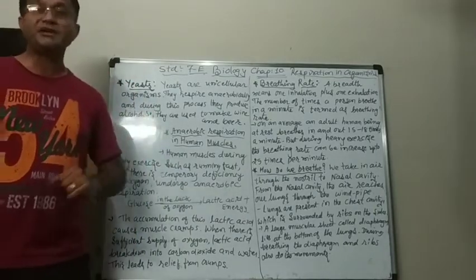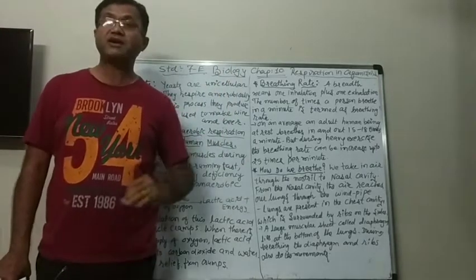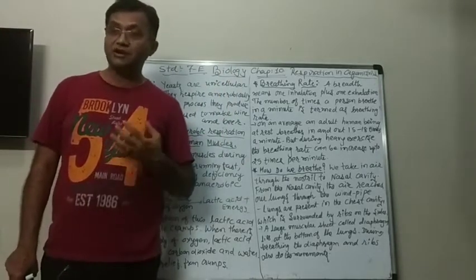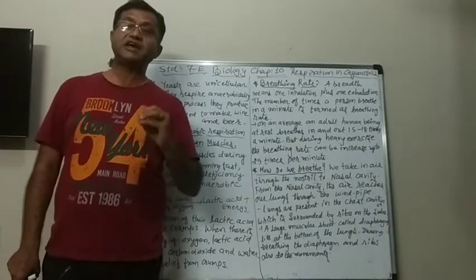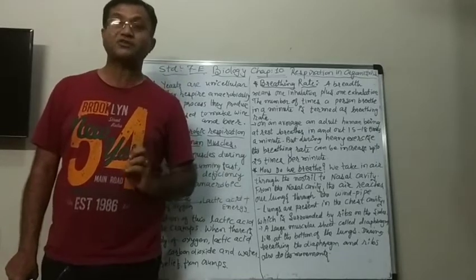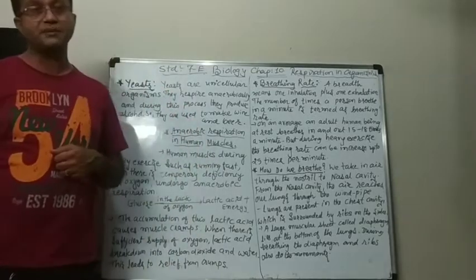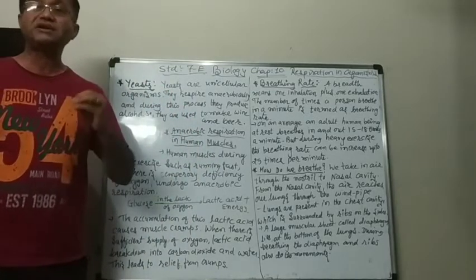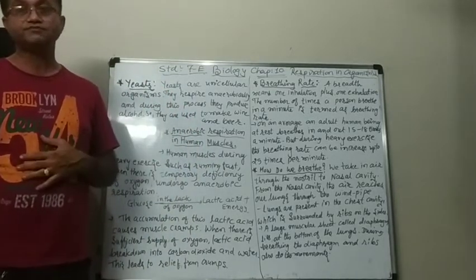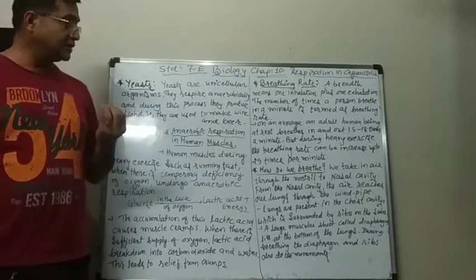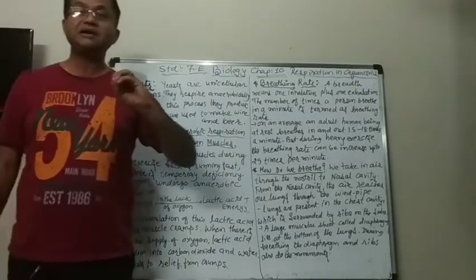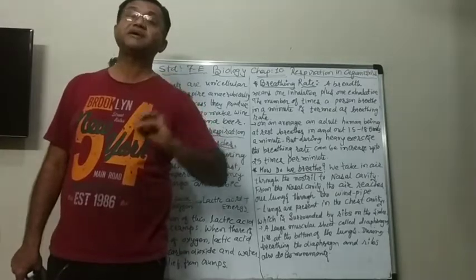The other type was anaerobic respiration, in which respiration takes place in the absence of oxygen, like in bacteria, which don't need oxygen at all. In that, glucose is not completely broken down.